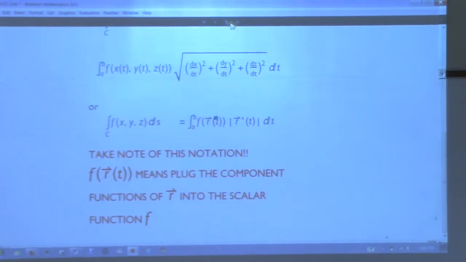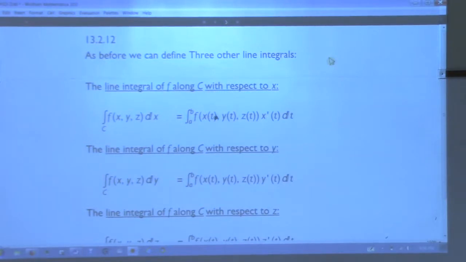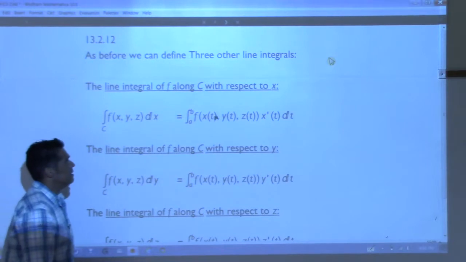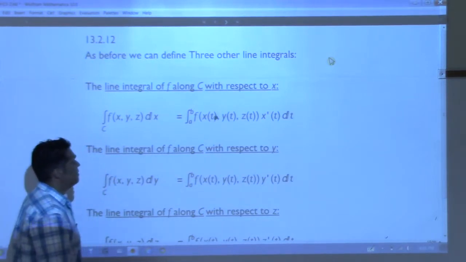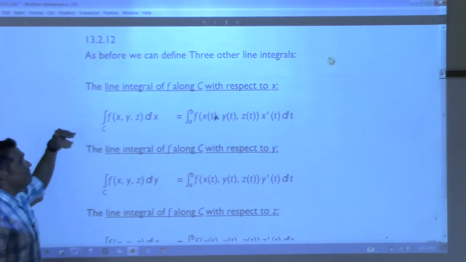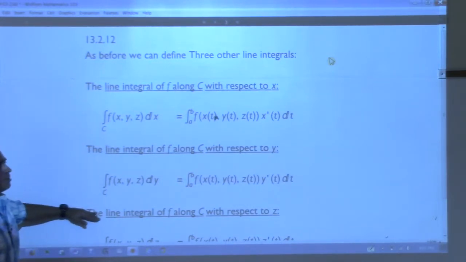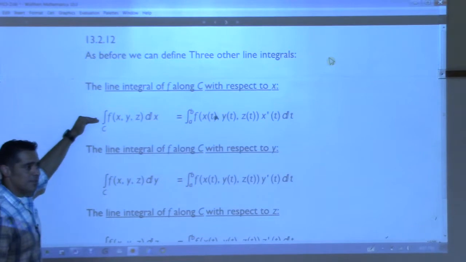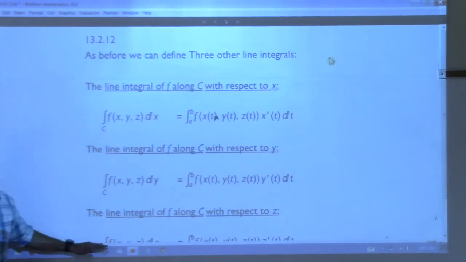All right, so let's talk about if we have the line integral along C with respect to arc length, but now we're in 3-dimensional space, we also have 3 new line integrals, one with respect to just x, just y, and now just z. So now again, we've picked up a third one, haven't we?